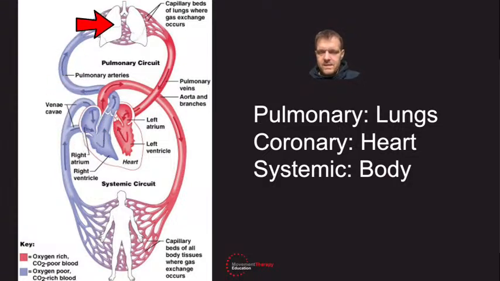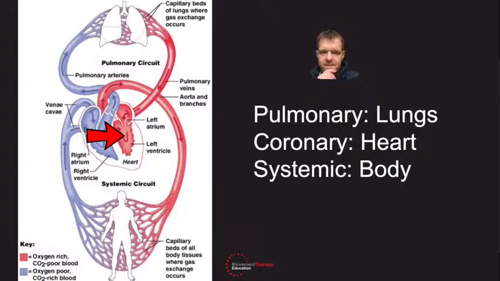So we've got deoxygenated blood coming from the body up here into the right atrium, right ventricle, pumped out through the pulmonary arteries into the lungs, reoxygenated, and then back into the left atrium, left ventricle, aorta, back to the body, and then through the capillary network. So this circuit where the heart links up with the lungs, that's the pulmonary circuit. There's also the coronary circuit, which is to do with the heart itself, so the supply of blood to the heart itself.